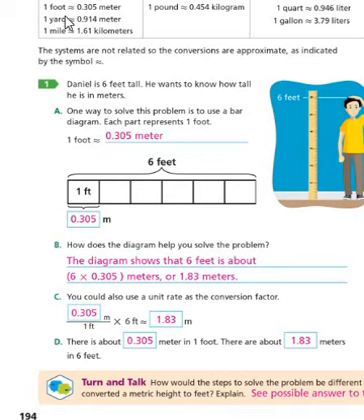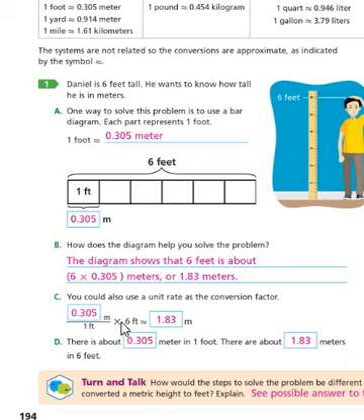I know that 1 foot is 0.3 meter, so you will use it as a conversion factor. Since I want the answer in meters, I should put the meter unit as the numerator and the foot as the denominator. So I will say 1 foot is 0.305 or 0.3 meter.